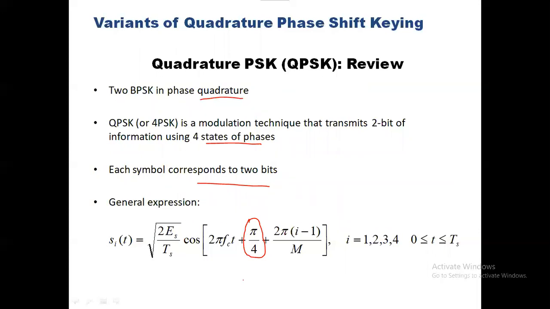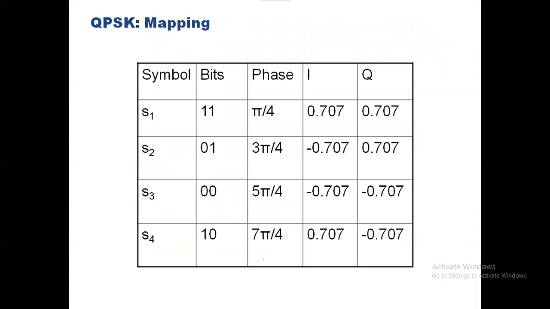So we may have this initial offset 0 in some cases as well. If the initial offset is pi/4, you can have the numerical values calculated against it. This helps in modulation.